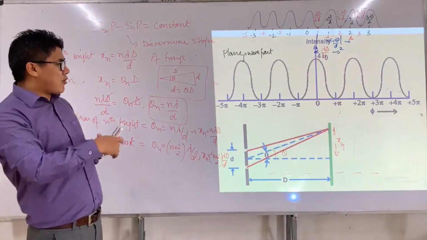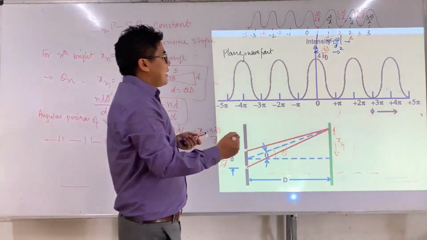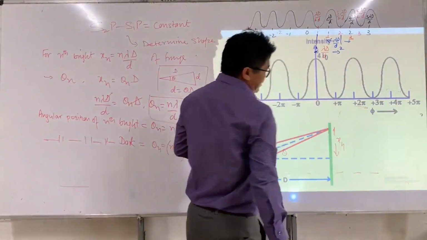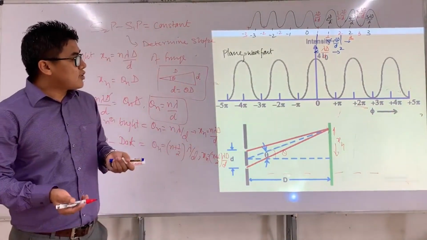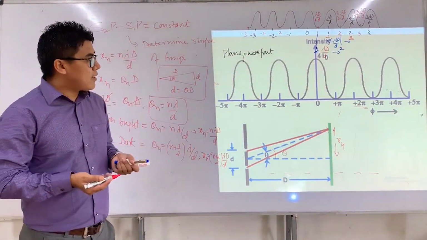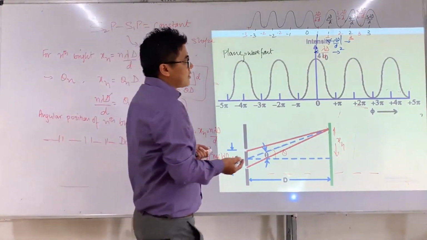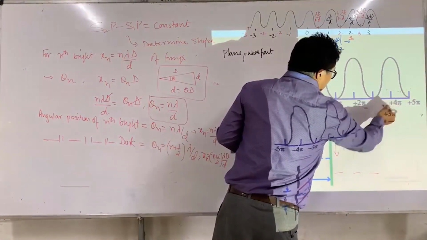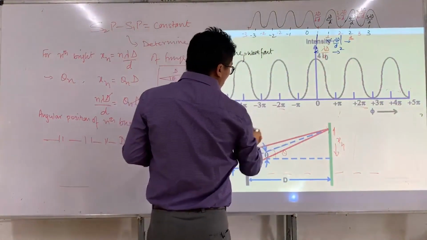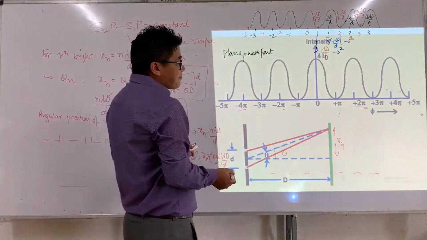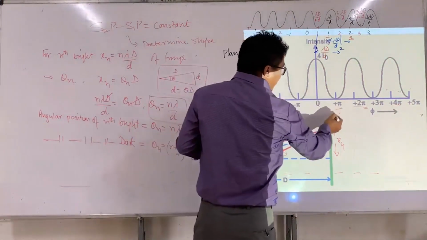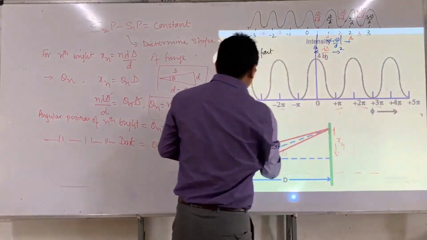And then consequently, these are the peaks. This is the condition for peak or constructive interference in terms of phase: 2 pi phase, 4 pi phase. For destructive it is pi phase, 3 pi, 5 pi.